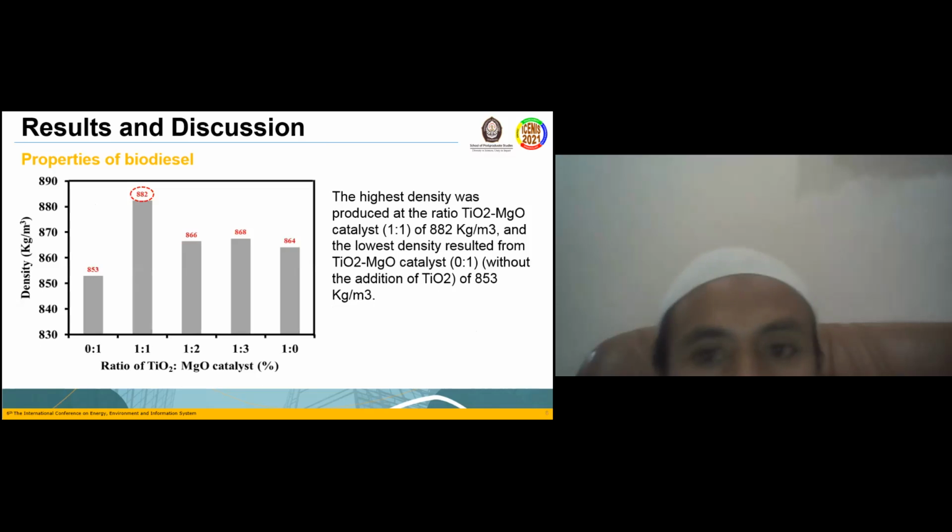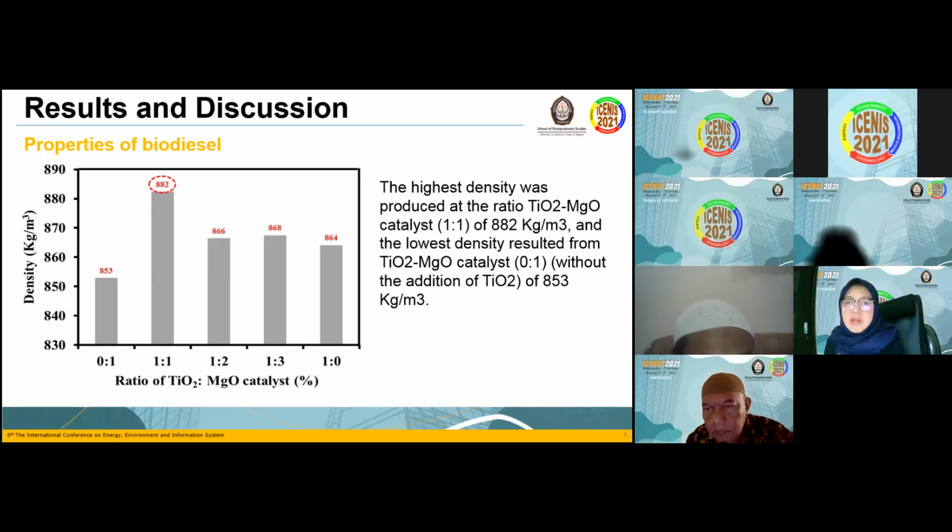And then, therefore, the addition of catalyst affects the density of biodiesel. The greater the amount of catalyst used, the greater the density of the biodiesel product.